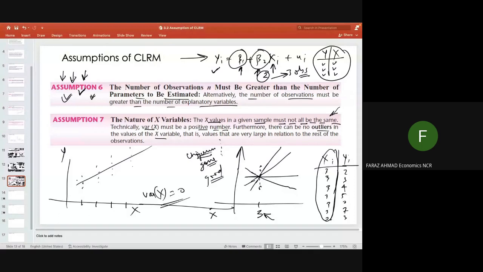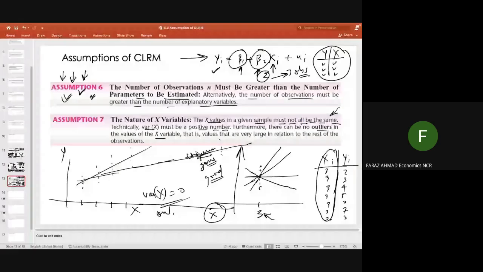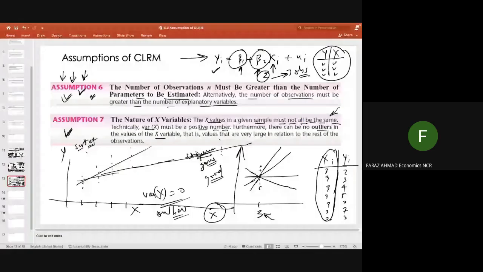It is asking you to draw a line from here. So it is disturbing everything. We don't want our x to have outliers. Outliers in the x values are disturbing. That's another point that has to be taken. Now these assumption 6 and assumption 7 are not that technical.